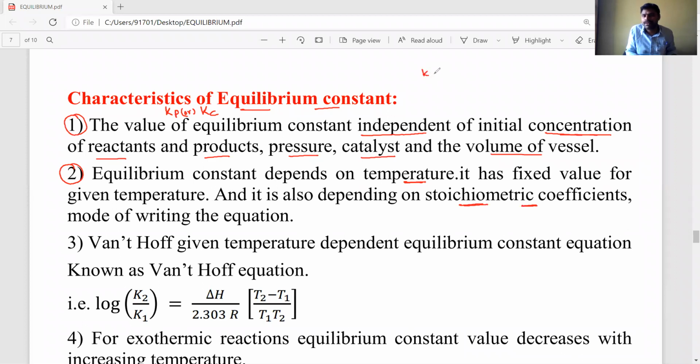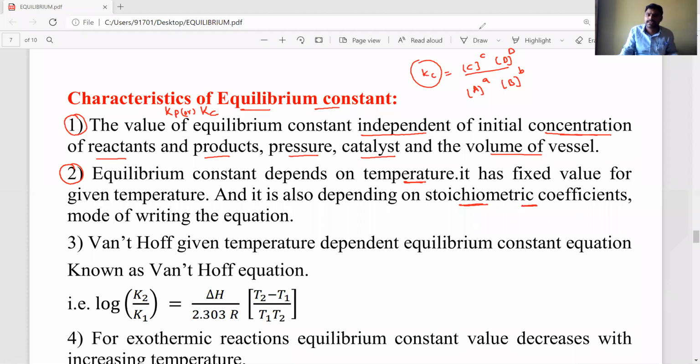For example, for aA plus bB converted into cC plus dD, a reversible reaction, Kc equals [C] power c into [D] power d by [A] power a into [B] power b. So Kc or Kp also depends on the stoichiometric coefficients and the mode of writing the equation, and on temperature. Temperature is very important.